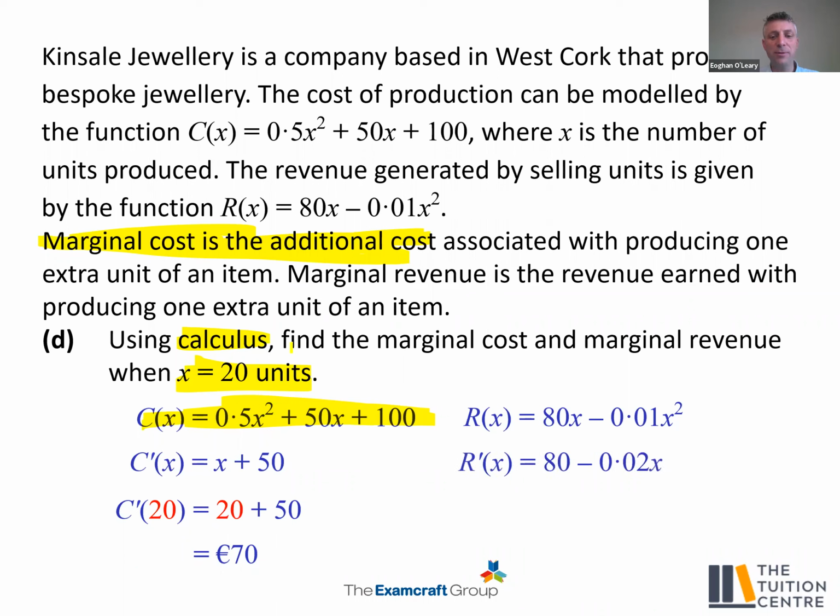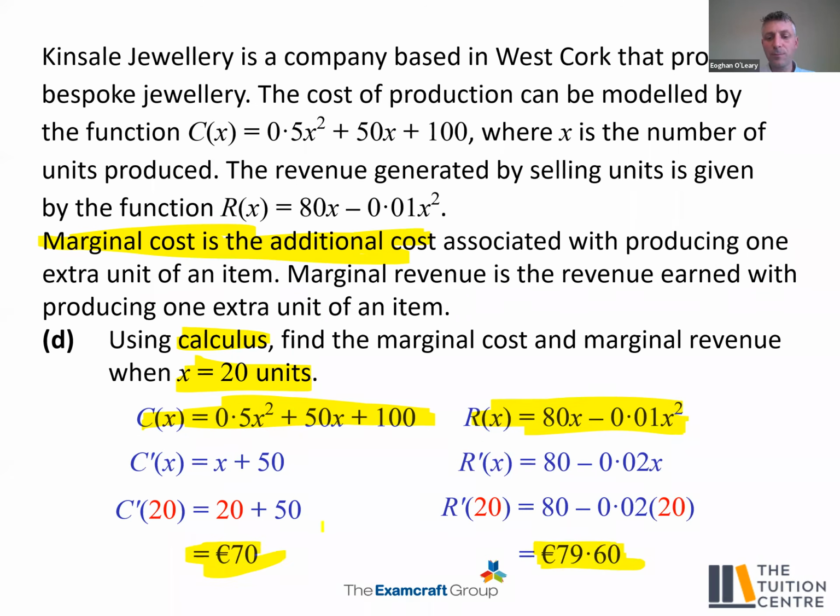The marginal revenue, again, your revenue function is 80x minus 0.01x squared. What is marginal revenue? It is the additional revenue earned when producing an extra unit of the item. So R'(x) is equal to 80 minus 0.02x. So you put in your 20 and you get 79.60.